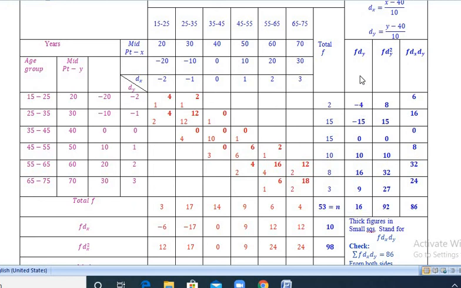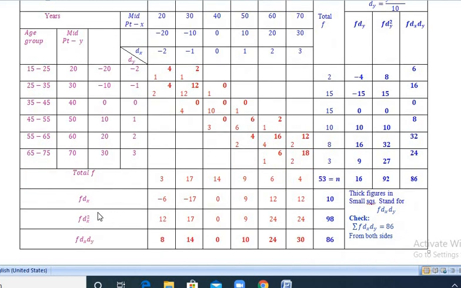And now taking the sum of f dy, that is minus 4 minus 15 plus 10 plus 16 plus 9, it becomes 16. And then sum of f d square y, that is 8 plus 15 plus 0 plus 10 plus 32 plus 27, it becomes 92. And similarly sum of f dx dy, that is 6 plus 16 plus 0 plus 8 plus 32 plus 24, it is 86, right?